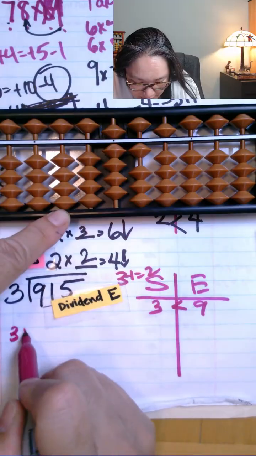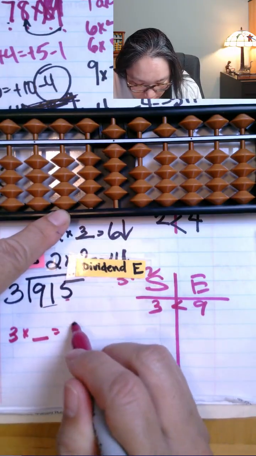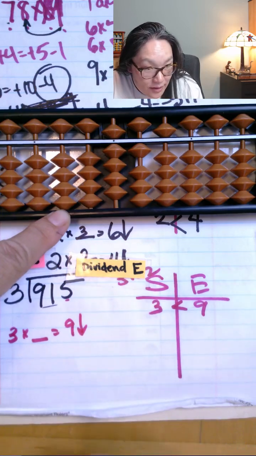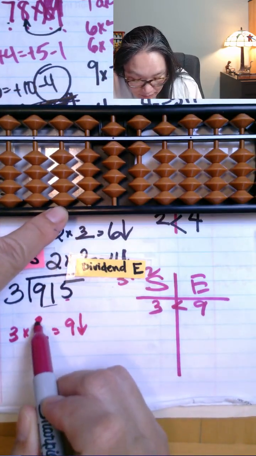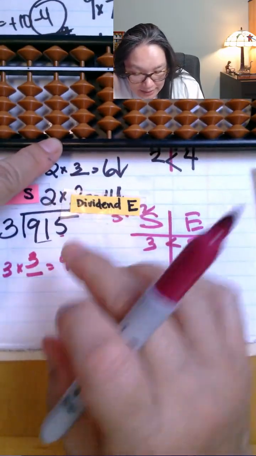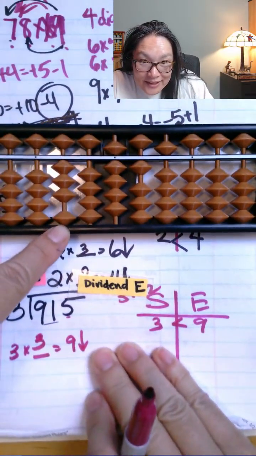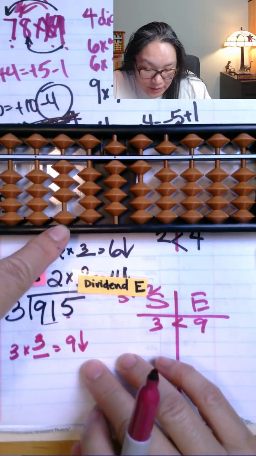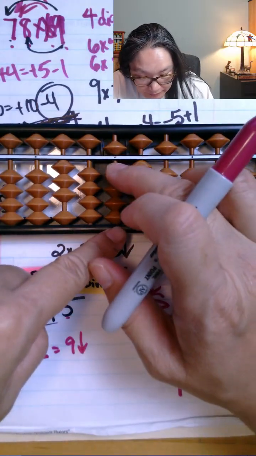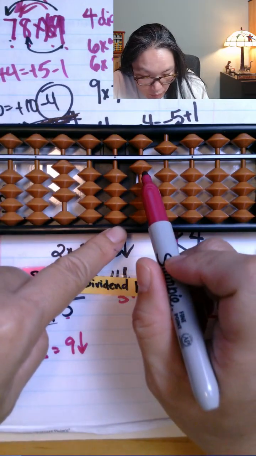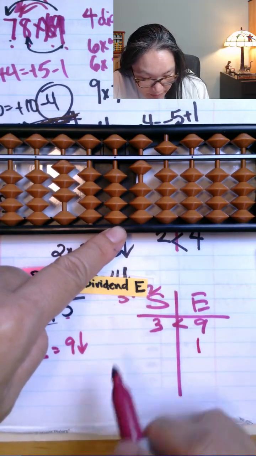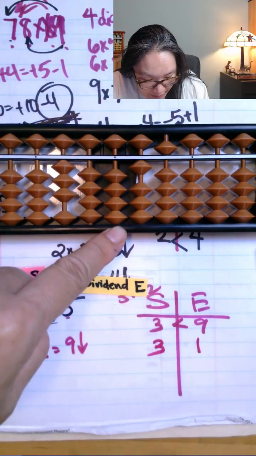So 3 times what is equal to 9 or less? 3 times 3. Yes. So 3 is equal to 9. We take away the 9 over here. Now who is bigger? 1 is our dividend. 3 is our divisor.